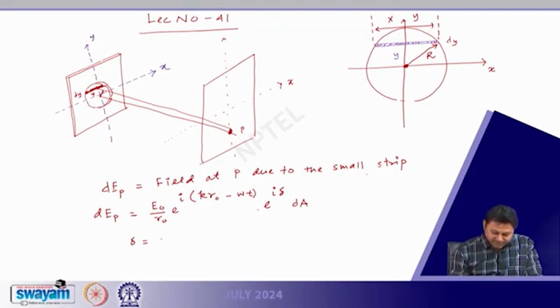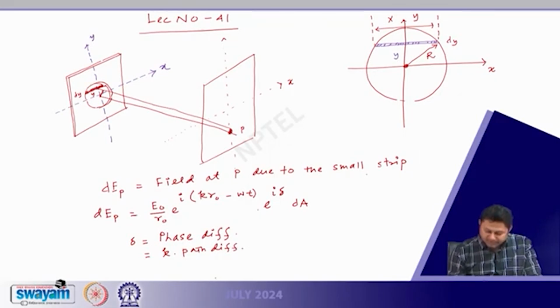So delta is a phase difference and that is due to the path difference. That means we have k multiplied by the path difference, and what is the path difference? Let me draw this part again here.